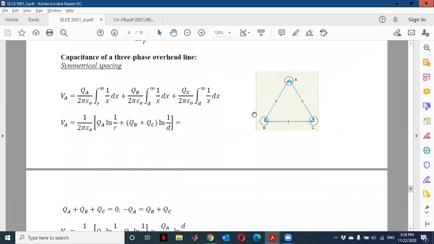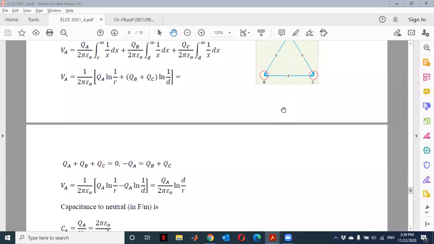What if we have, again, a three-phase line? Either we will have symmetrical spacing, meaning D1 equals D2 equals D3, or we will have unsymmetrical. If we have symmetrical, it's easy to calculate.